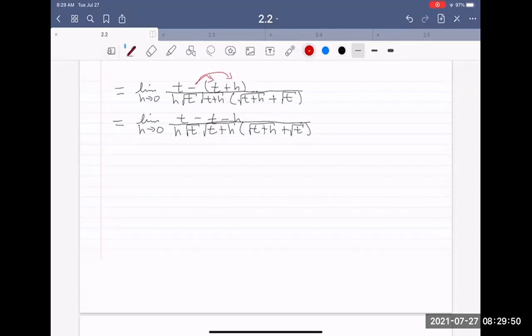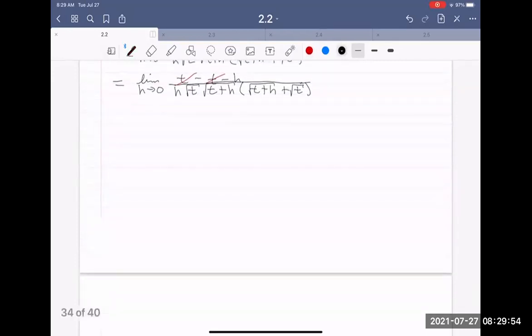The t's cancel. And so I get the limit as h approaches 0 of negative h over h radical t plus h radical t plus h radical t.